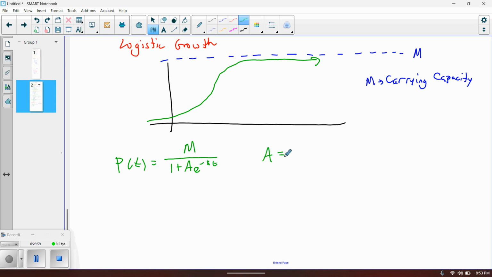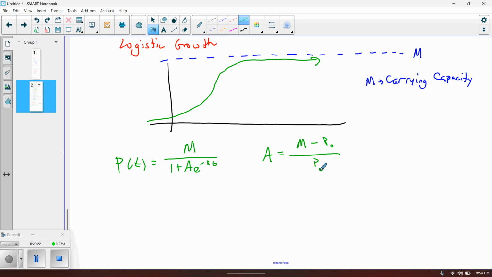A is found by taking that carrying capacity, subtracting your initial population, P sub 0, and dividing by that initial population. That is how you find the A value. Now, if it happens to be given to you, even better.